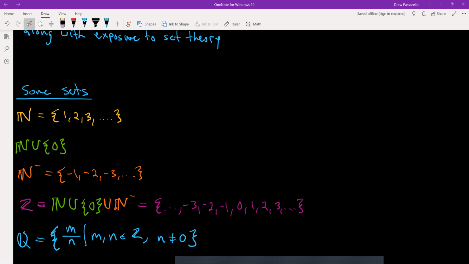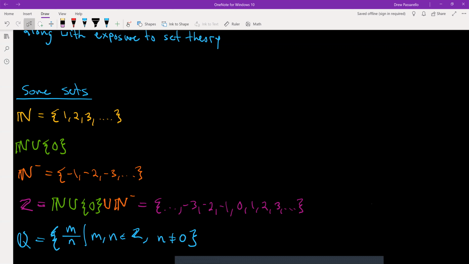I'm not including 0 in the natural numbers; when I start counting, I start with 1. If I want to start with 0, I'll make it its own set: the natural numbers union with the element 0. So that's the second thing that's listed.